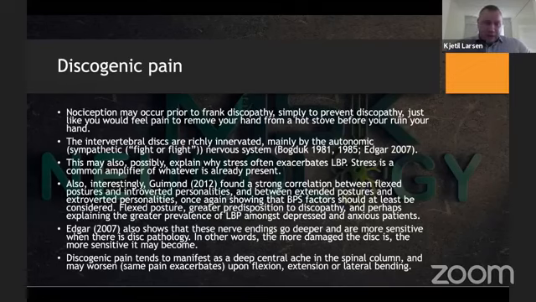Edgar showed that the nerve endings actually penetrate deeper into the disc tissue when there is disc pathology. Therefore, there are real neurological changes that happen when the disc gets damaged. Discogenic pain tends to manifest as a deep central ache in the spinal column.